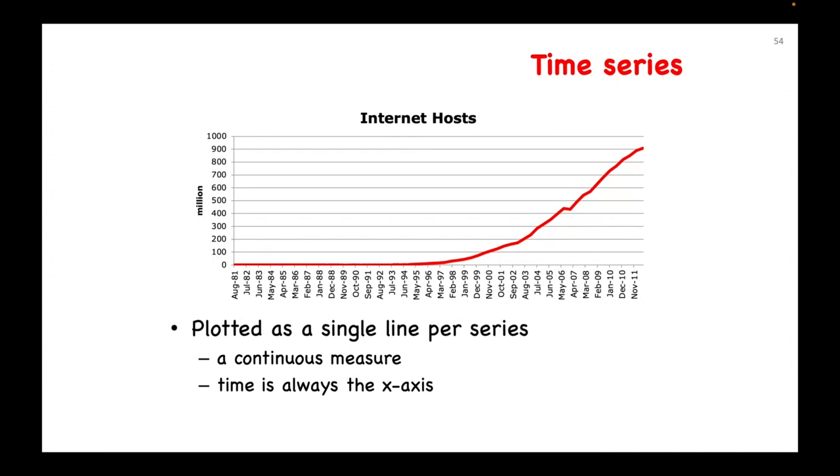Here we have, again, a fairly old example, the time series of the growth in the numbers of internet hosts. Starting way back when you've got very, very few, and then suddenly, here we go, we're into the mid-90s, and if you like, this is the prehistory of the internet.